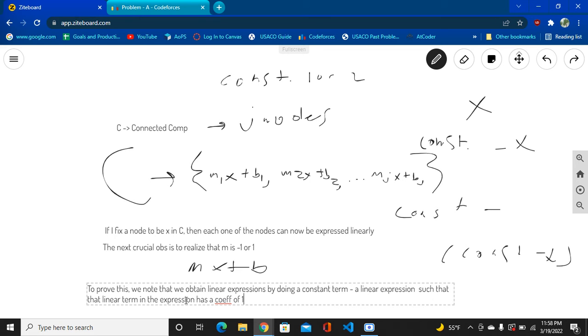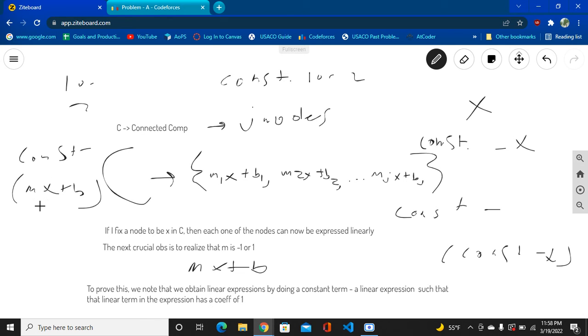You have a constant term 1 or 2, then you subtract from it some mx plus b. That's basically what you do, because we know that this has to add up to the constant term, or it has to add up to 1 or 2. Therefore, you're always doing that.